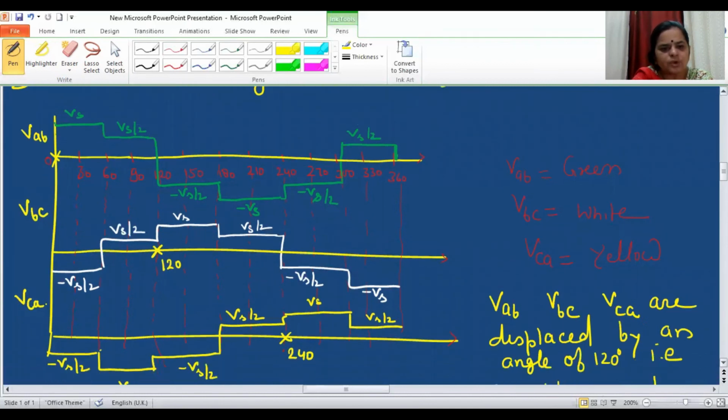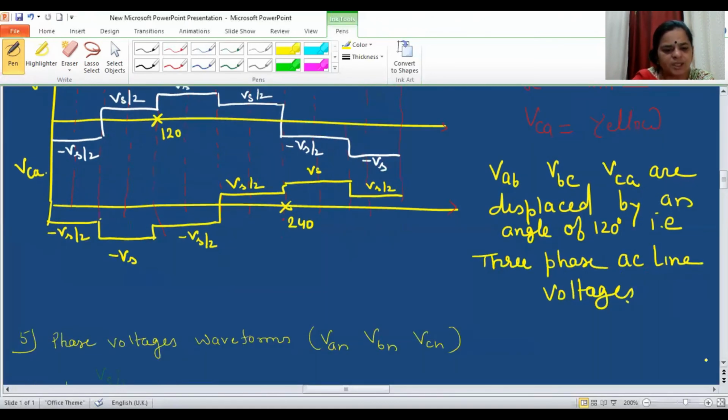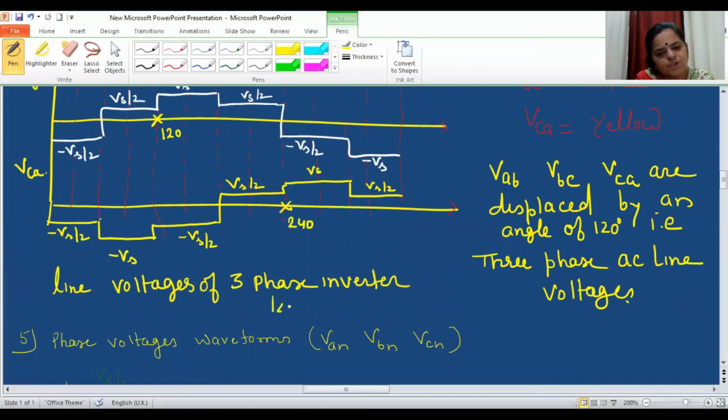If you see the line voltages, how many levels are we having? One level is Vs, another is Vs by 2, third is minus Vs by 2, and fourth is minus Vs. So that means the line voltages of a three-phase inverter in 120 degree mode have a 4 level output.